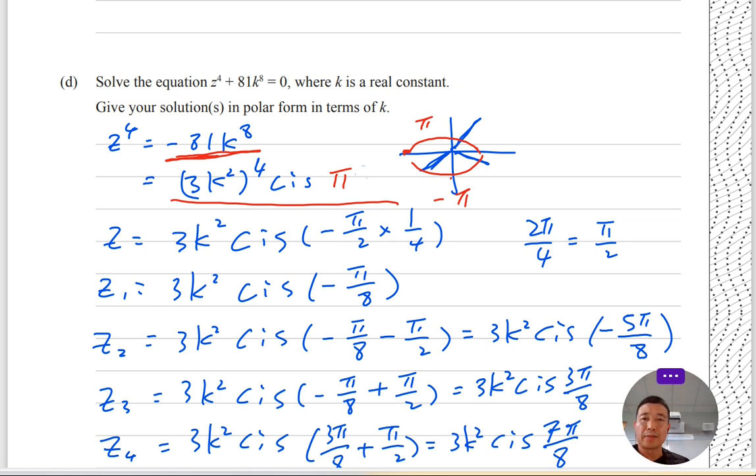Now, Z being, I have to change this because it's to the power of 4. There must be 4 solutions, right? So pi divided by 4. Each time you have to add pi over 4 much.